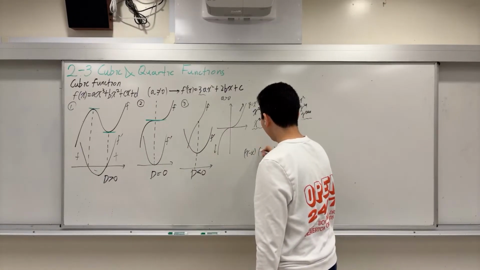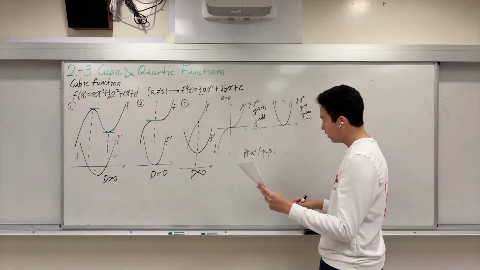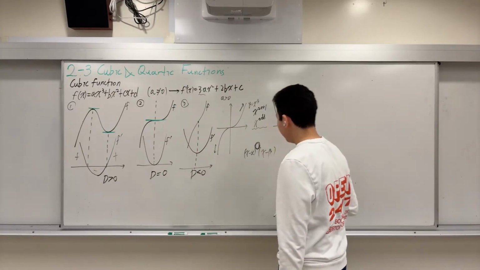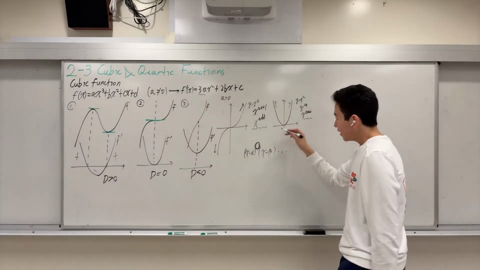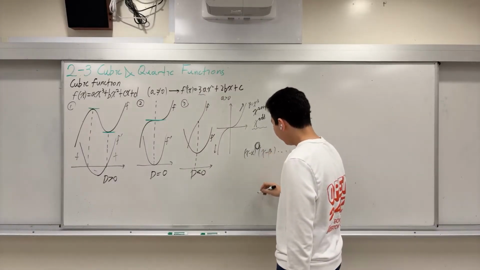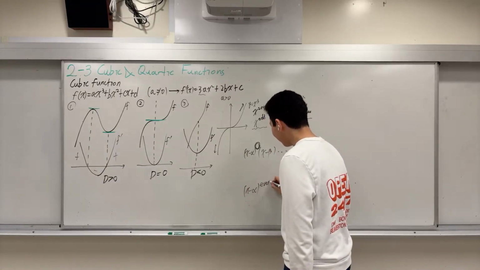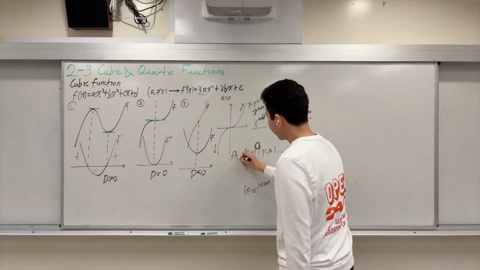Let's say x minus alpha, x minus beta. Let's talk about the power on the x minus alpha term. Let's say that this power is even. So x minus alpha to the even power is in the factored form of an equation, let's say.